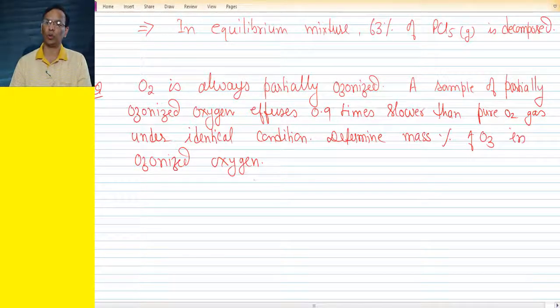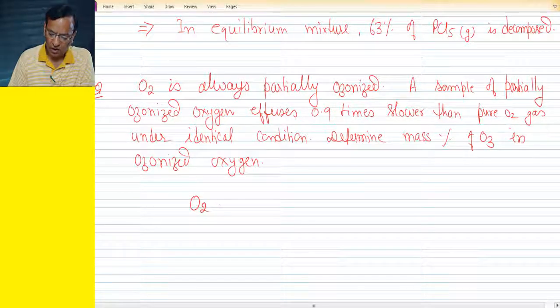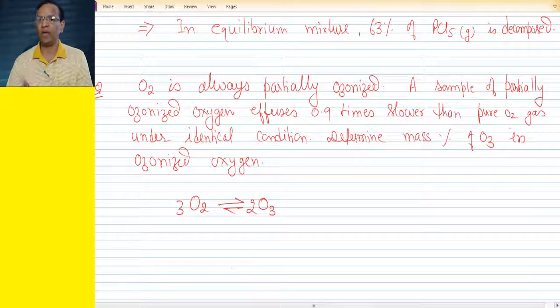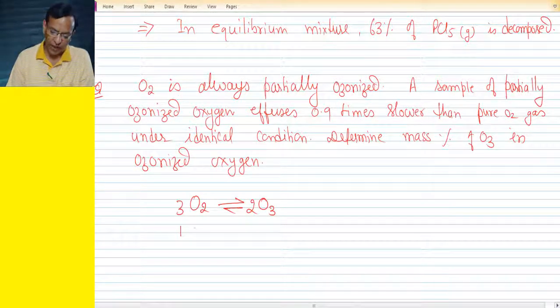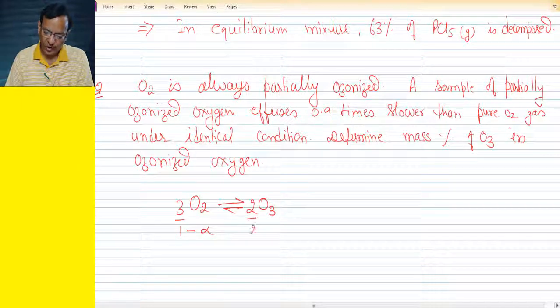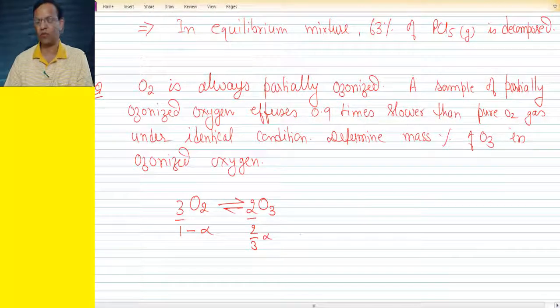This is a case of association. Here oxygen is partially associated to ozone. If we balance it, 3O2 will give 2O3. But be very careful that we will be starting the calculation for 1 mole of oxygen only. So if alpha mole is associated out of its 1 mole, 3 gives 2, so 1 will give 2 by 3, so alpha will give 2 by 3 alpha mole of ozone.